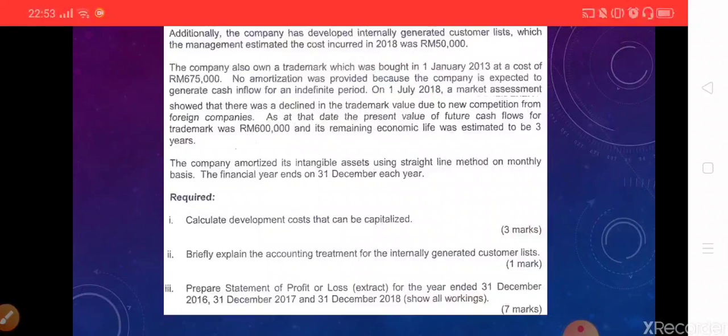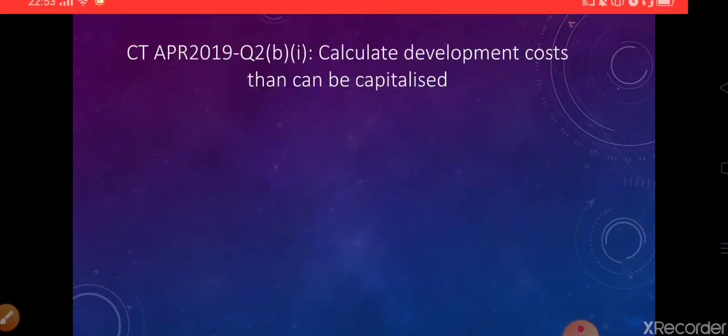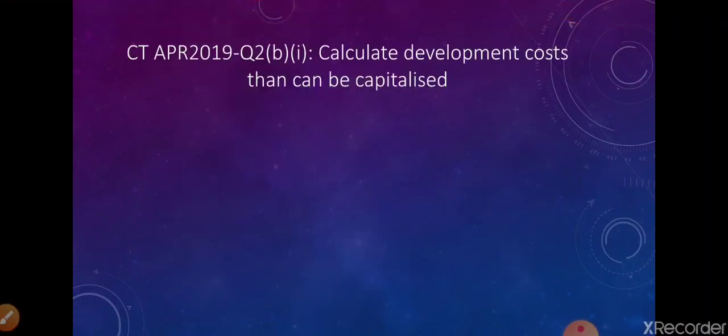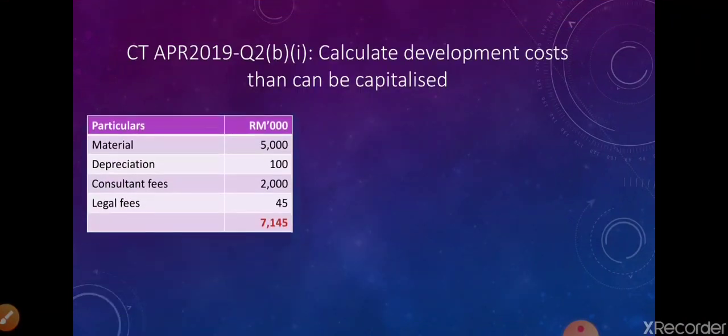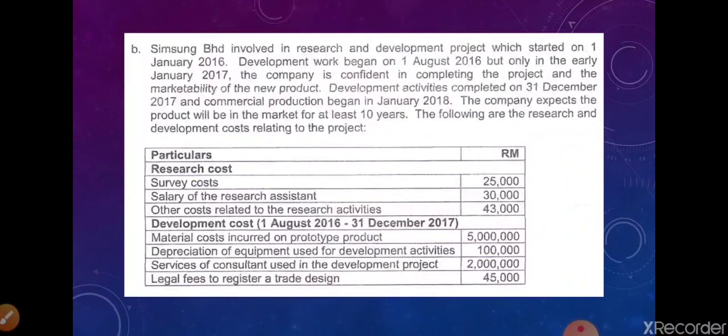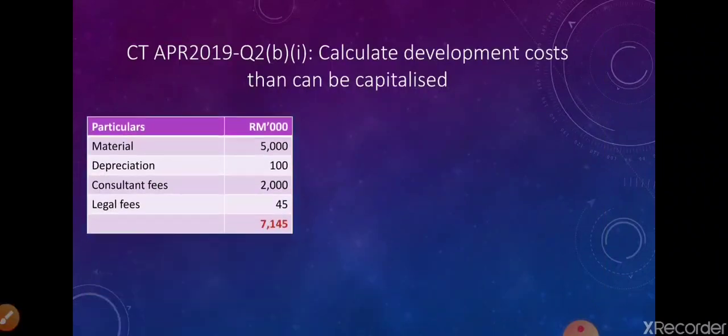So number 1, calculate the development cost that can be capitalized. So let's look at the development cost that can be capitalized. Okay, so you have material, which is 5 million, right? These are all the development costs incurred during the development phase, right? You just add the total first, right?